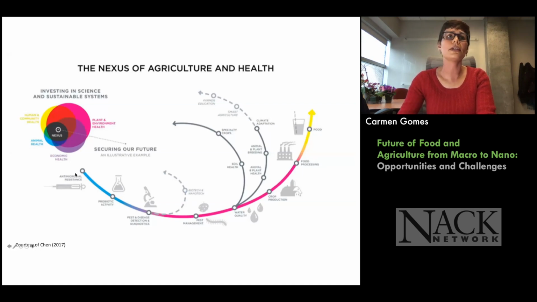So it goes all the way from the microorganism level all the way to the food we eat. And there is a role there for nanotechnology to assist and hopefully help minimize the problems that we're dealing with.